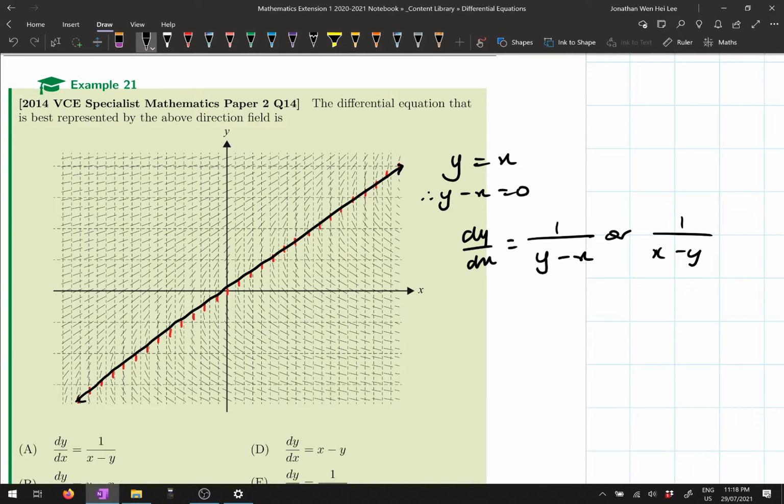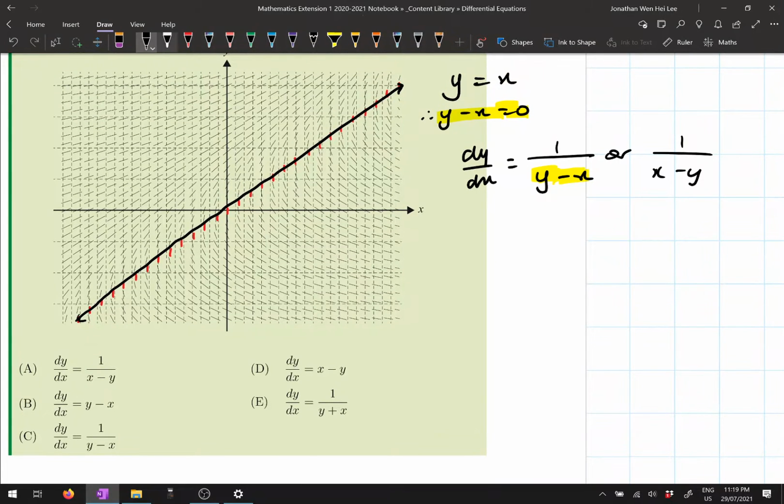That means that if I do 1 divided by y minus x, which I know is going to be equal to 0, that will get me a vertical gradient, because if I want a vertical gradient, I need dy on dx to be equal to 1 over 0 of some sort. So that's why I'm going to get this particular equation.